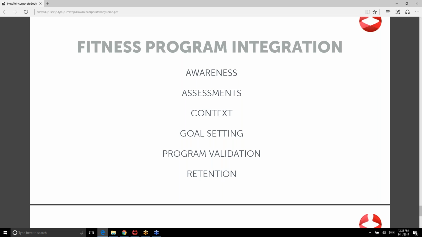Styku itself is not a HIPAA compliant platform. We don't need to be, because we work directly with trainers and gyms, and you'll never find a HIPAA compliant system inside of a gym, for example. But we do work with a company called TrainerMD, a partner of ours, and they take our system and integrate it into their platform, which is HIPAA compliant.